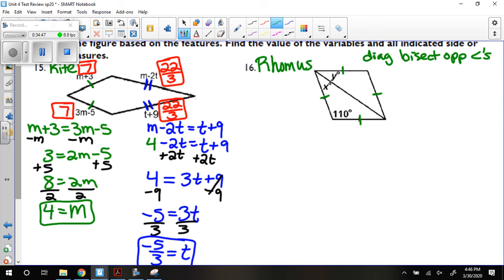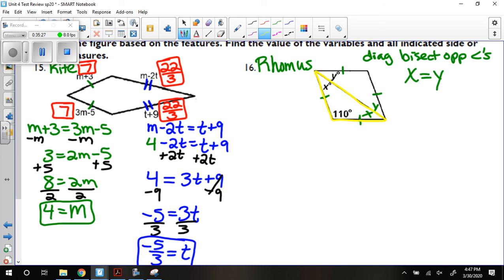So if this angle is labeled with an X and a Y, that means that this angle is also going to be labeled with an X and a Y, because that diagonal is bisecting or cutting that angle in half, which means if it's getting cut in half, the x and y are going to be the exact same number.